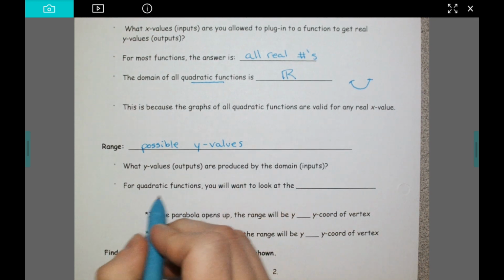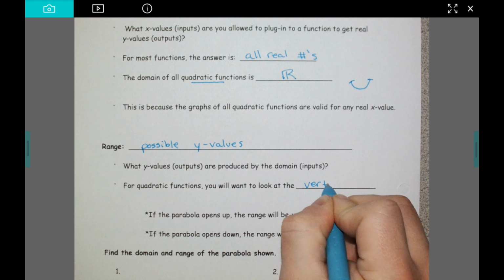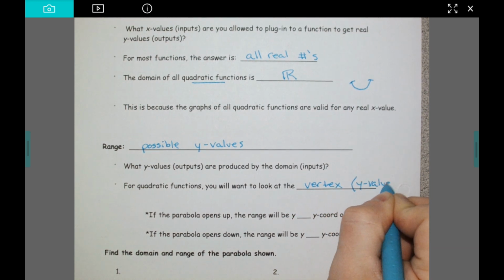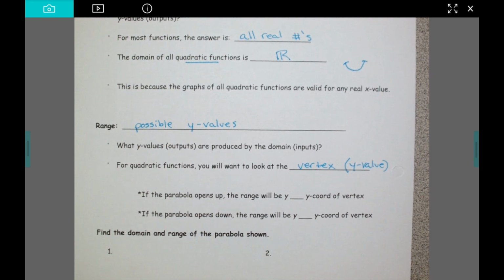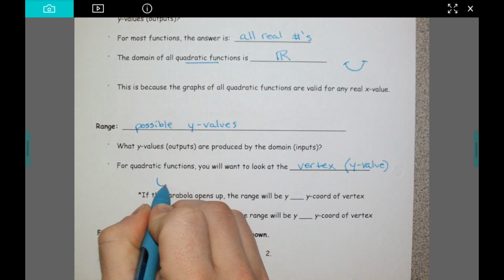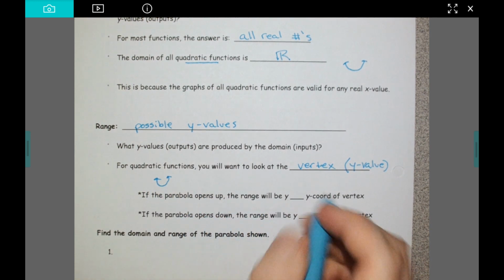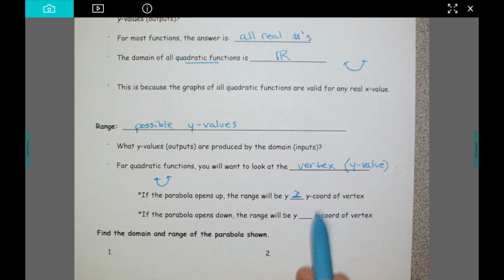For quadratic functions, you're going to want to look at the vertex. Okay, more specifically, the y value of the vertex. That's what everything comes down to here. So if the parabola is opening up, like this, your range is going to be every y value greater than or equal to the y coordinate of the vertex.